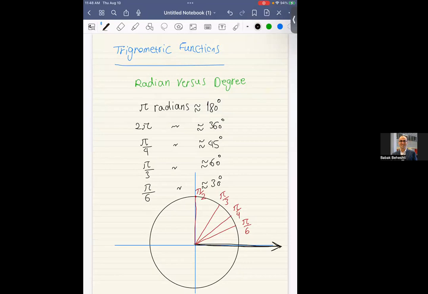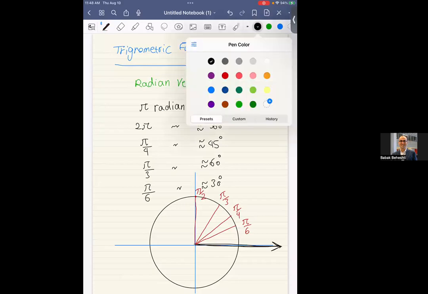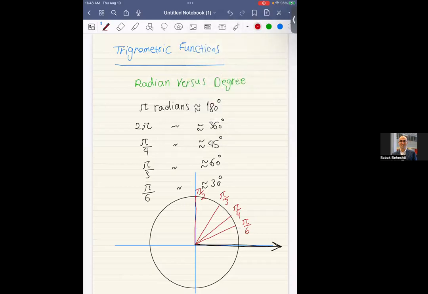We usually deal with other angles like pi minus pi over 3, 2 pi over 3, for example. This is 2 pi over 3.